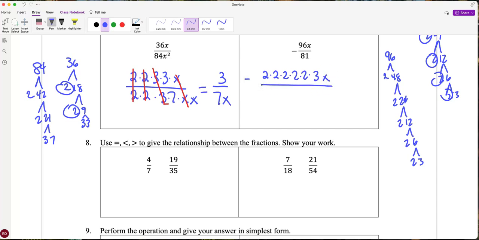And then 81 is 3 times 3 times 3 times 3. So the only thing that I get here is a 3 over a 3 that's going to cancel. And so 2 to the 5th is 32. So this is negative 32x over 27.